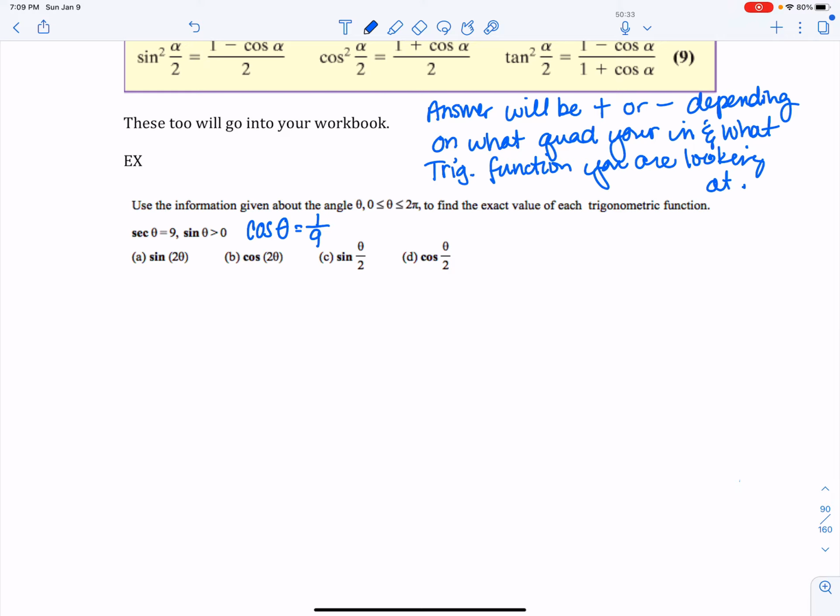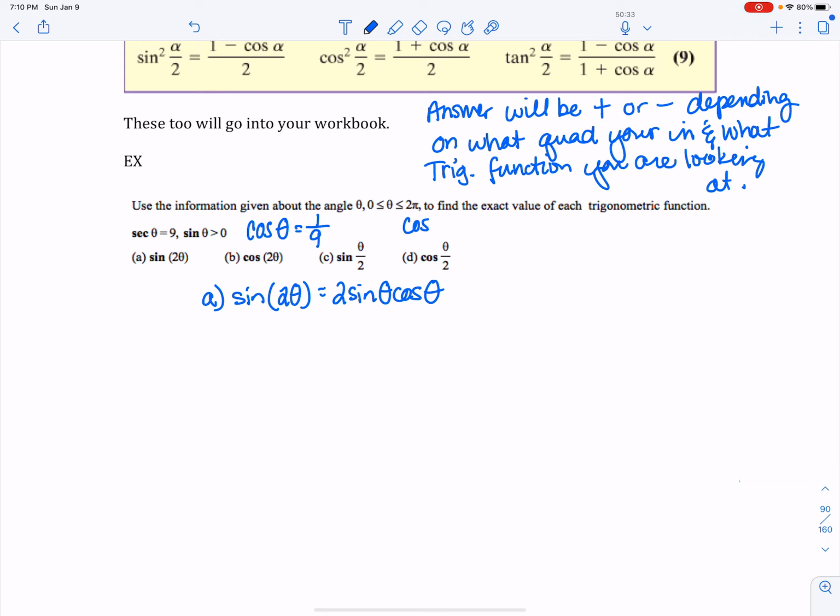And before I start part A, I know that part A is going to require me to use this formula: sine of the double angle equals 2 times sine theta cosine theta. So I need both cosine and sine's value. The other thing I need to know before I start this is what quadrant I'm in.